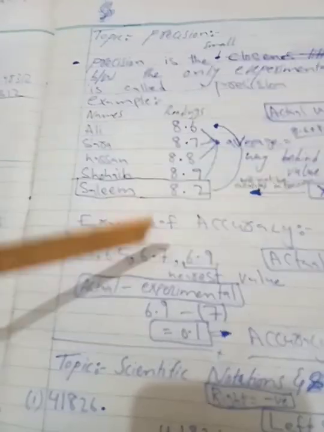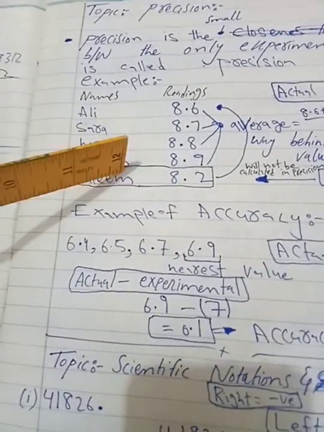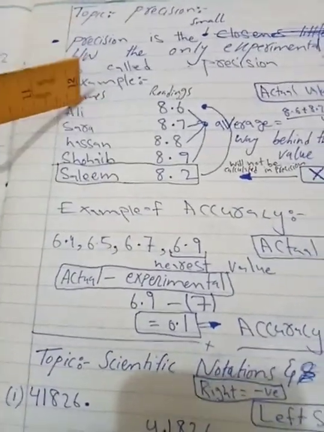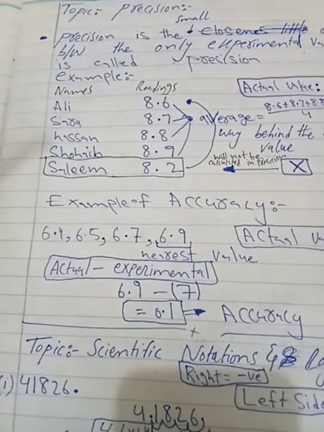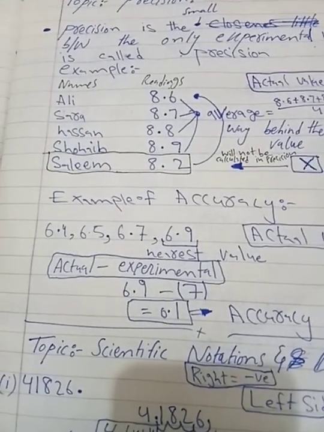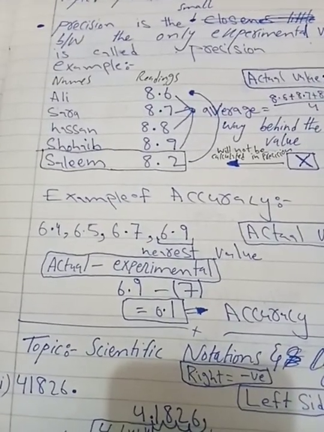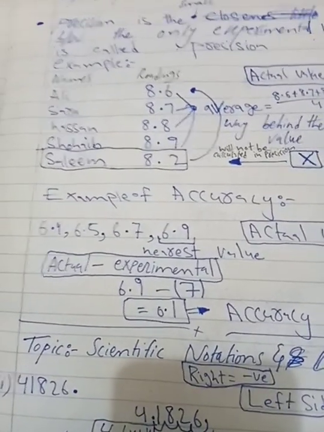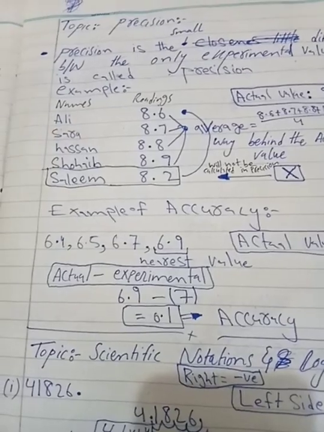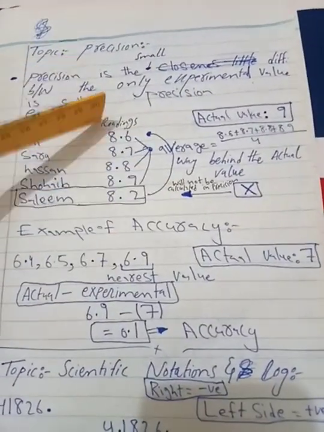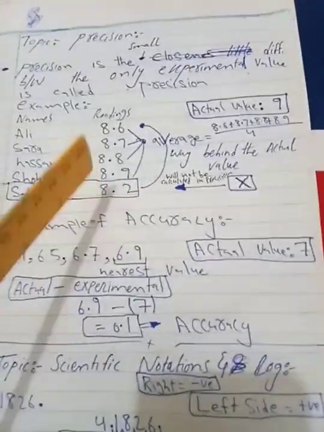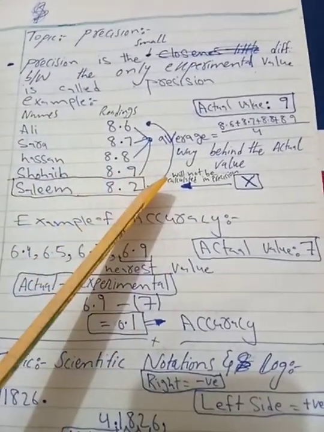But Salim had 8.2, which is far away from Ali's value, so we say it will not be calculated in precision. We only calculate the small difference between the experimental values.